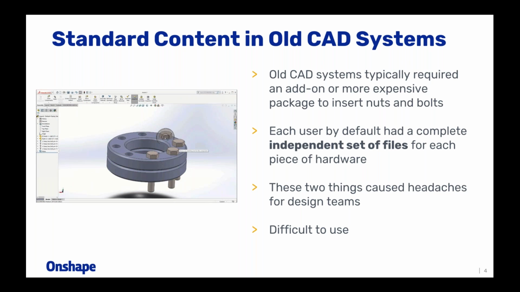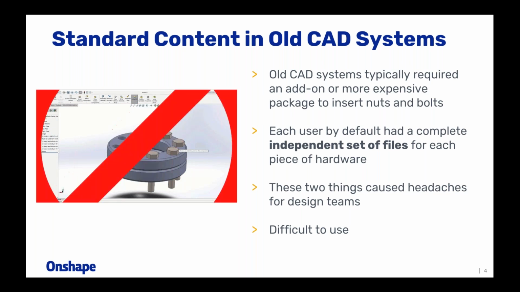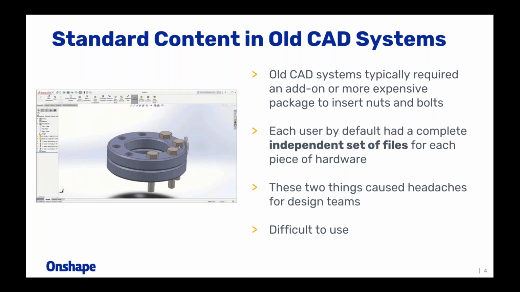And the changes made in one wouldn't be reflected anywhere. It caused all kinds of confusion, even to the point where you would sometimes have common scenarios in old CAD systems. You would open the assembly and the hardware would blow up. That's a common term, where the nuts and bolts would literally change size because the size exists in one library and not another, because they're not shared.